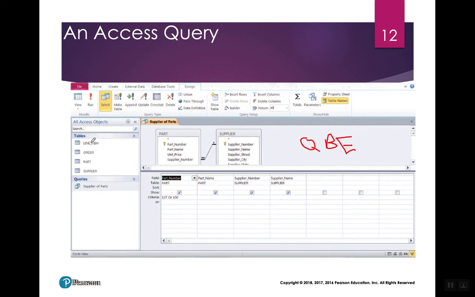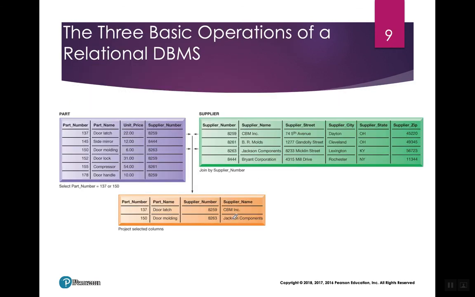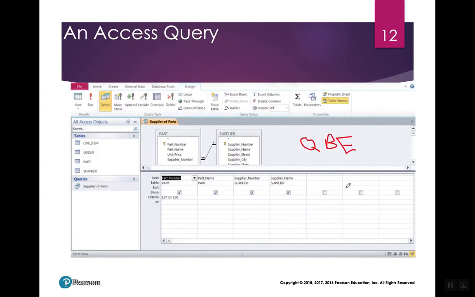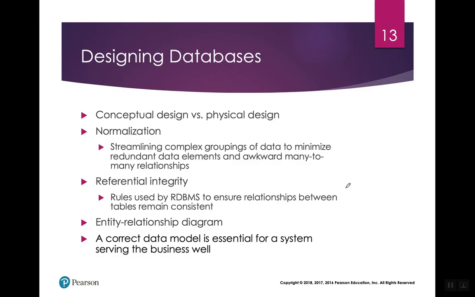We drag and drop the tables. We define the join relationship between the tables, and then down here we can define what we want this thing to look like, and it will execute a query. Actually, what it does is it generates something that looks like this behind the scenes. We'll be working with this a little bit, so we'll get more into this in a bit.